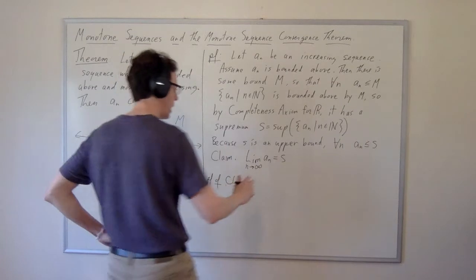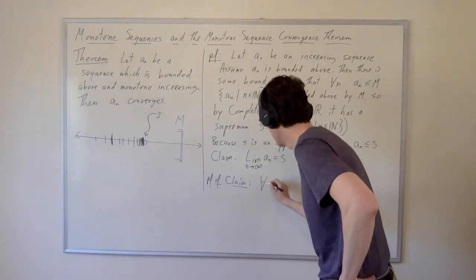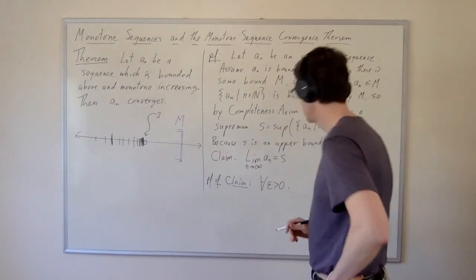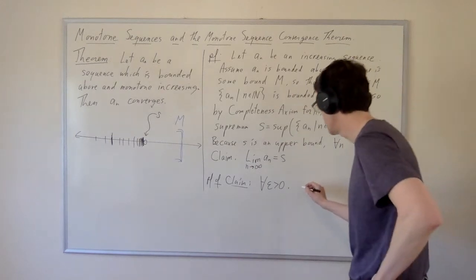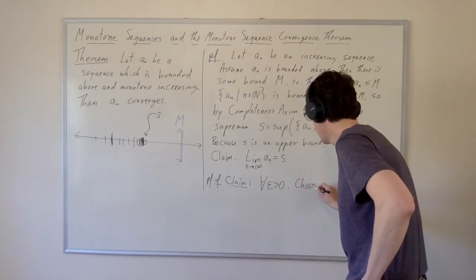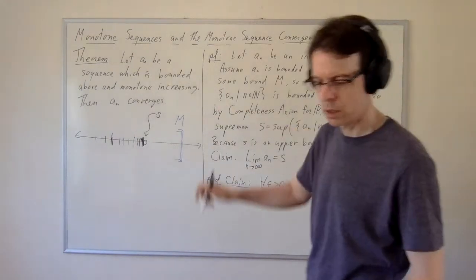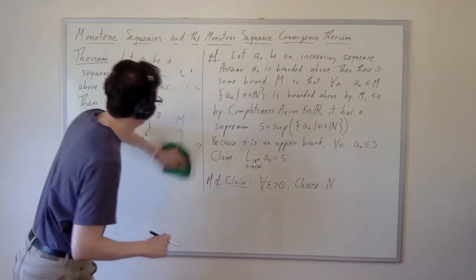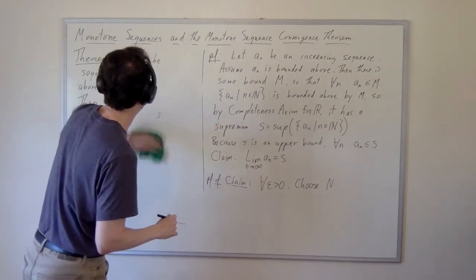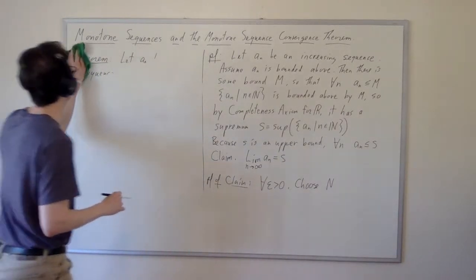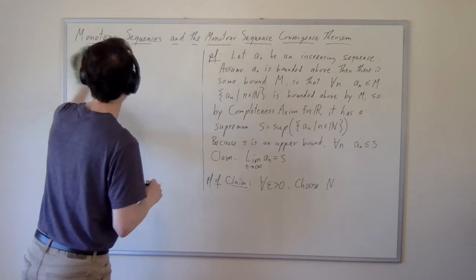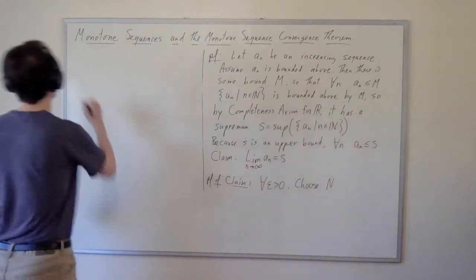Well, we take epsilon greater than 0. And now there has to be some choice of capital N. And I really have no idea how to do that. So I'm going to leave a lot of blank space here, and I'm going to continue the proof over here. So I have no idea how to choose capital N, but I'm going to let little n be larger.